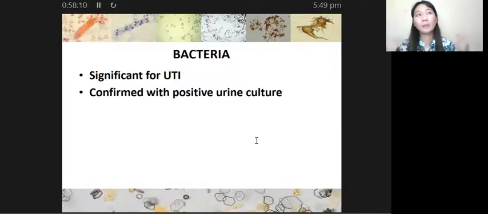Okay, so the problem with our body is that meron tayong tinatawag na normal flora. And so there are a lot of sources of contamination. Contamination may be brought about by normal flora which are present in the vagina, in the urethra, or in the external genitalia of our patients.